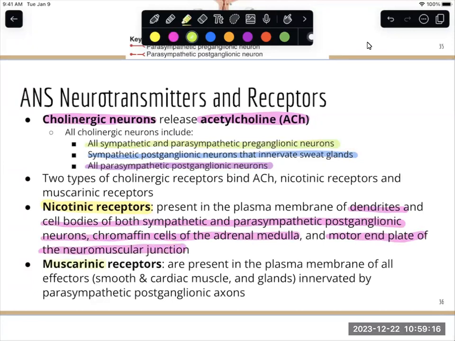Muscarinic: the plasma membrane of all effectors, so smooth muscle, cardiac muscle, and glands that are innervated by parasympathetic postganglionic neurons.